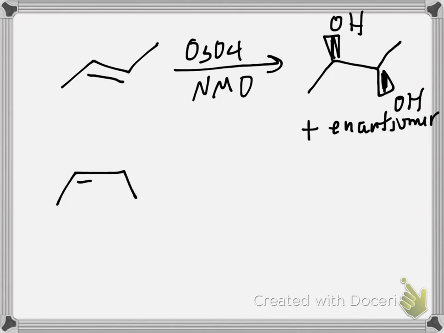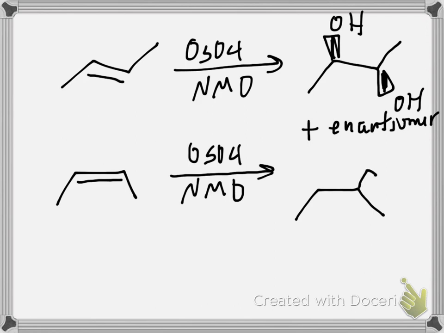If you start with the Z isomer, you will get, once again, the OH is adding syn. This time, though, there's a plane of symmetry, so it's not chiral.